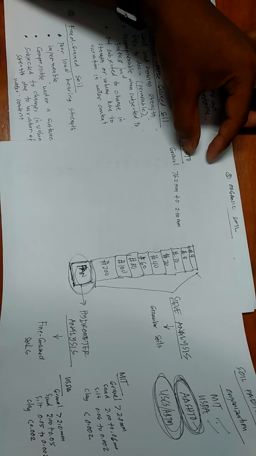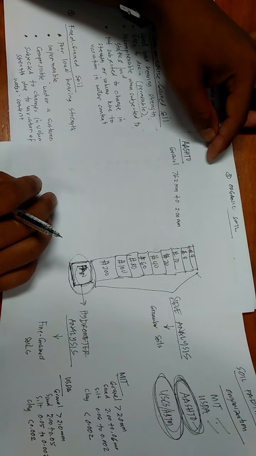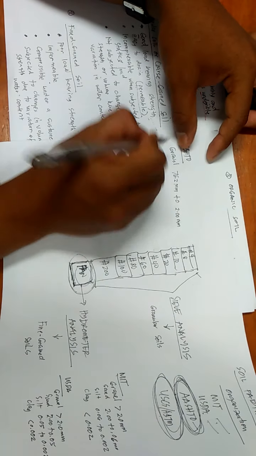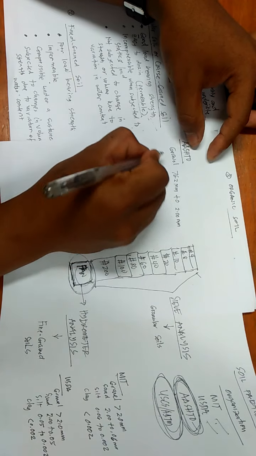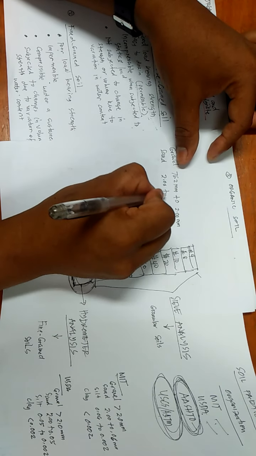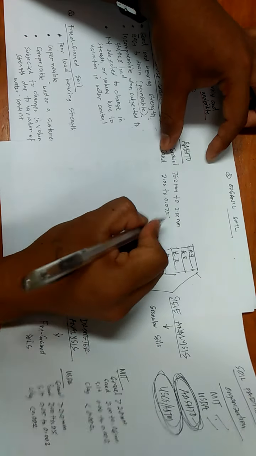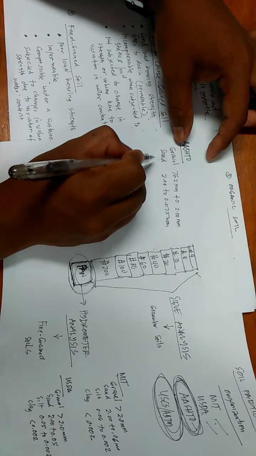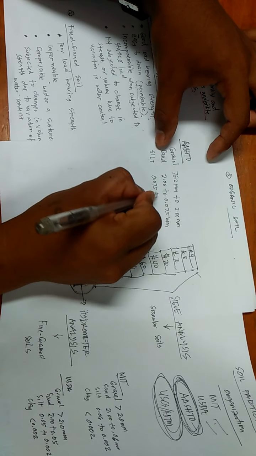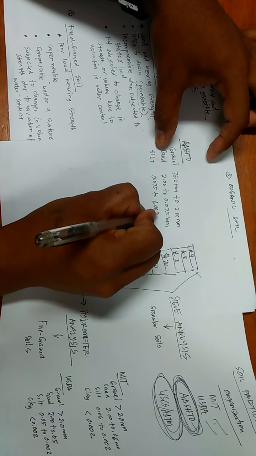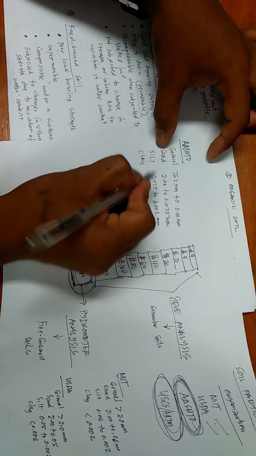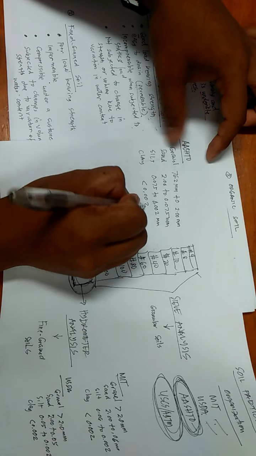So, 76.2, ilang inch yan? Or the inches. So, ganyan naman sa sand mo, nagre-range siya sa 2.0 to 0.075 mm. And then, ang silt mo ngayon, from 0.075 to 0.002 mm. And for your clay, parehas din siya, less than 0.002.